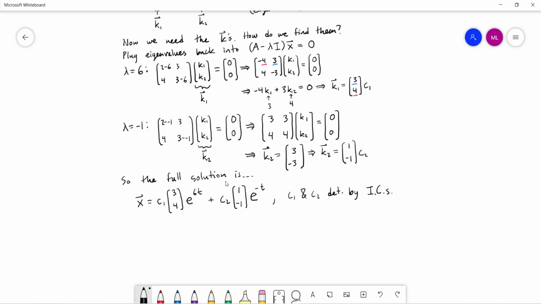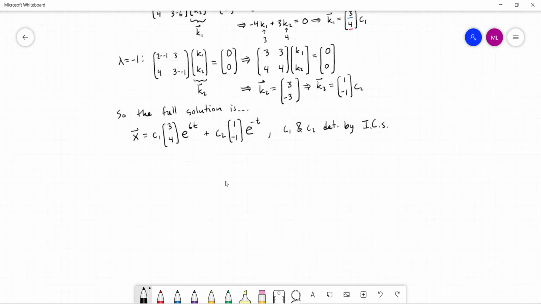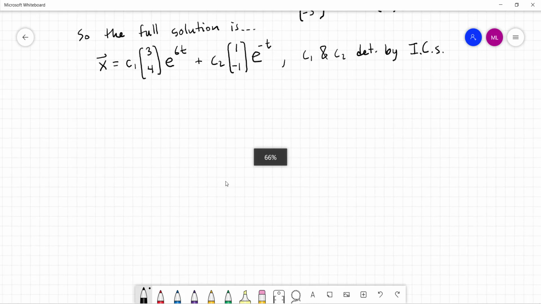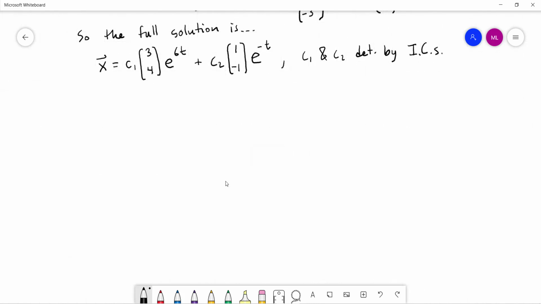It just turns out that there's one little wrinkle that comes up, and it's the same wrinkle that came up back when we were dealing with higher order differential equations. So this will be our approach in general.